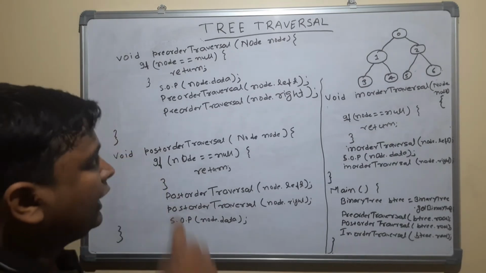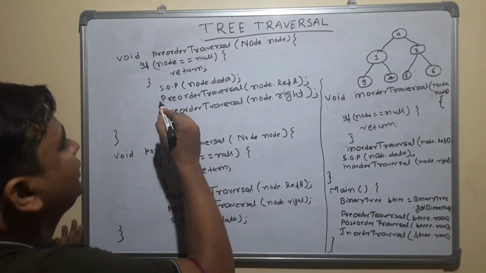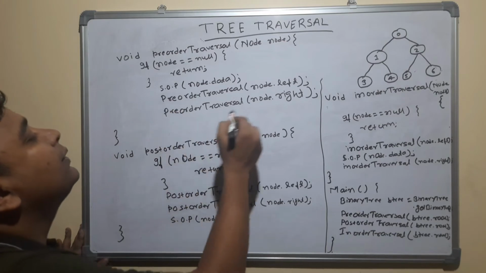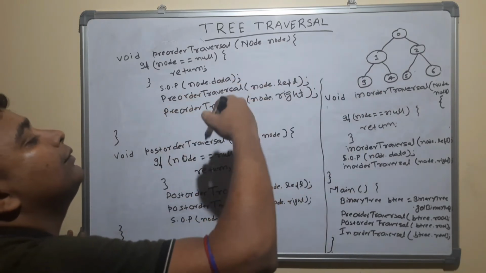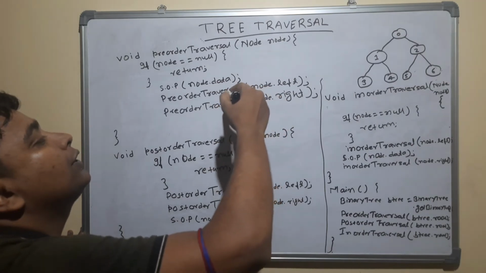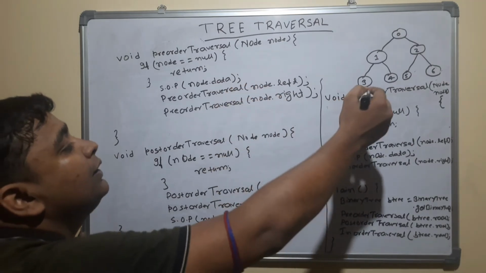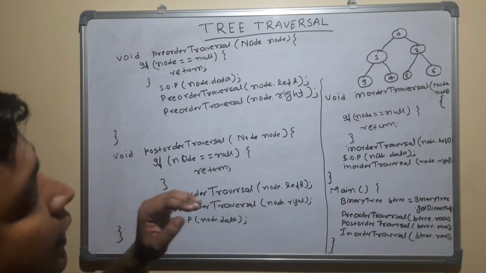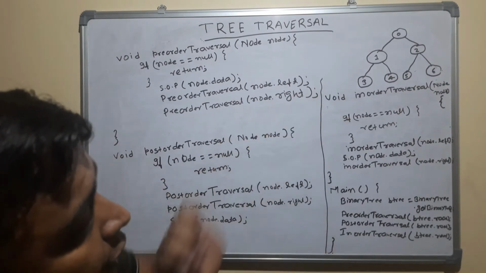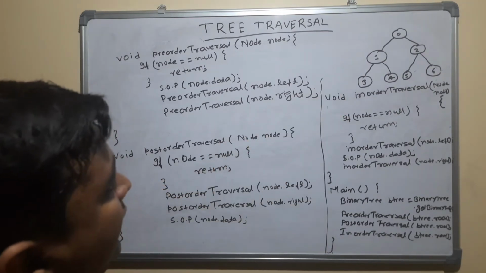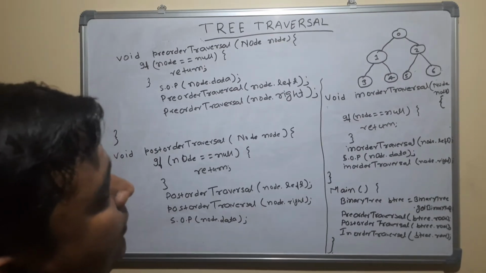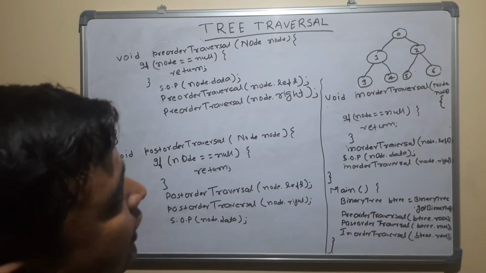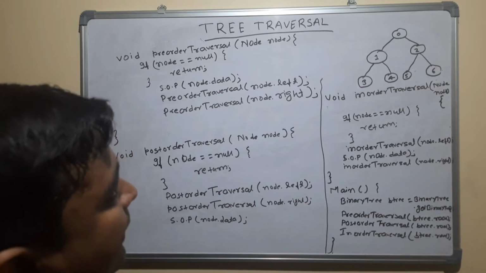Now I will also discuss how recursion will process and print the nodes of the tree. I also have to explain the Levelorder Traversal program.